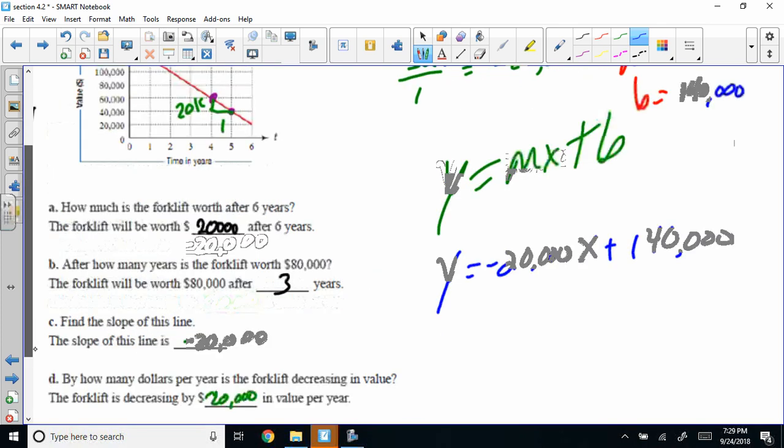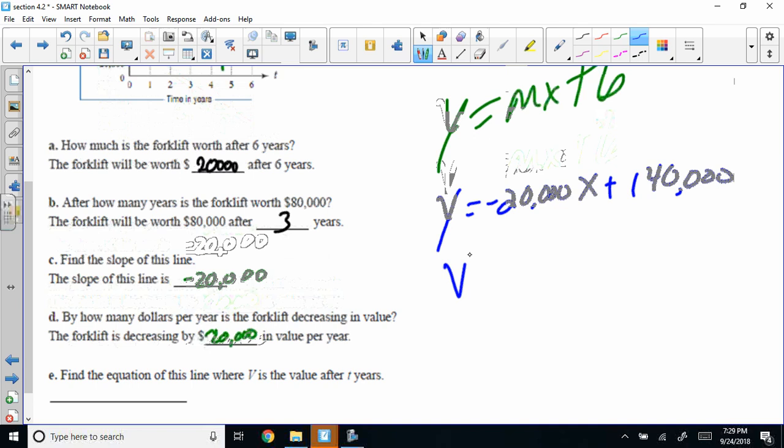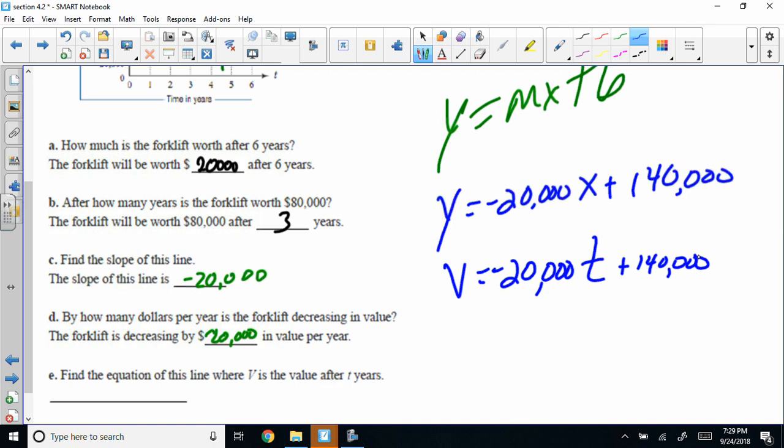All right, so V equals negative 20,000 T plus 140, right? Because they're going to nail you on that. We could write V of T. I don't think so.